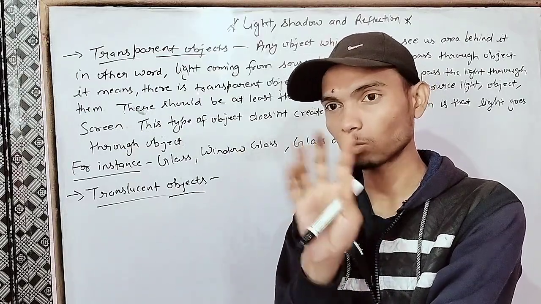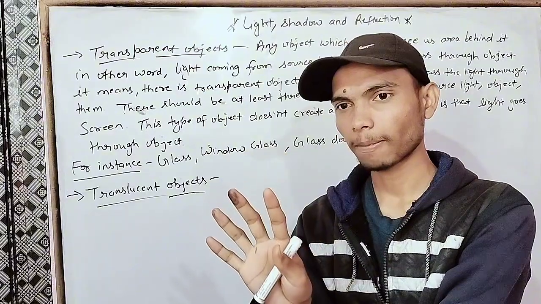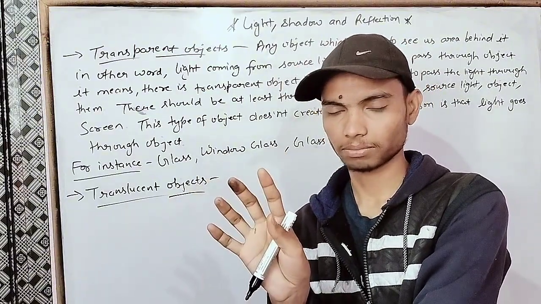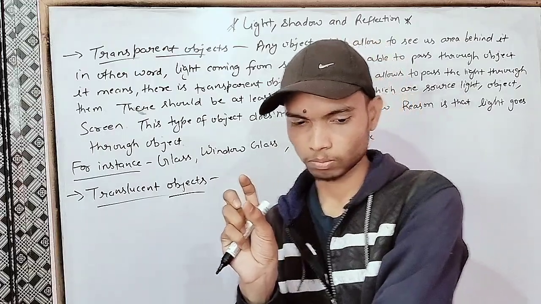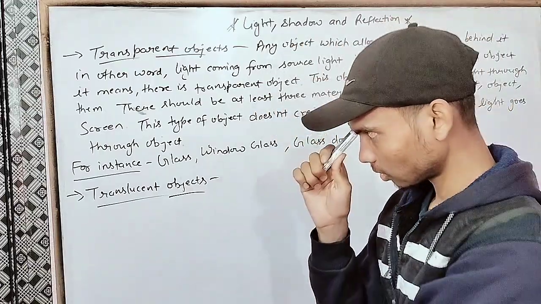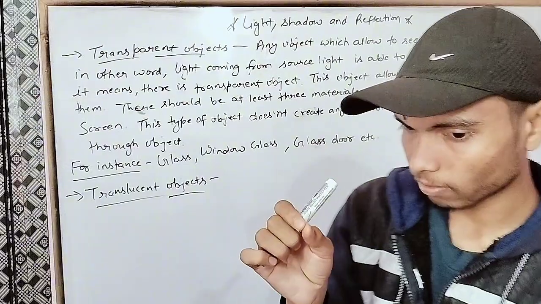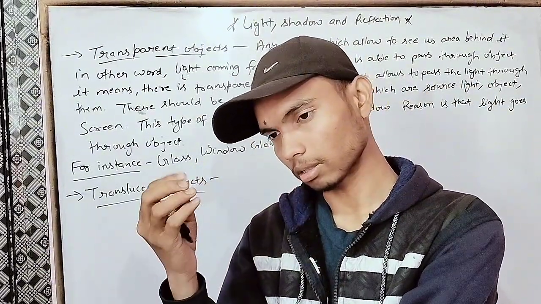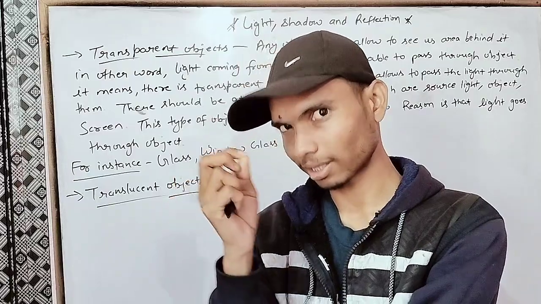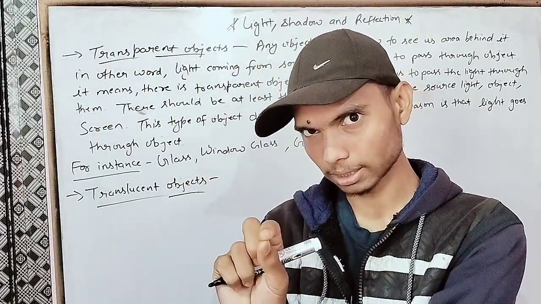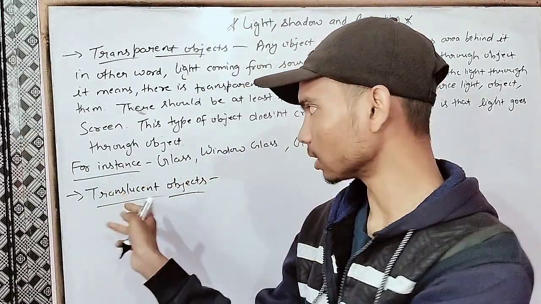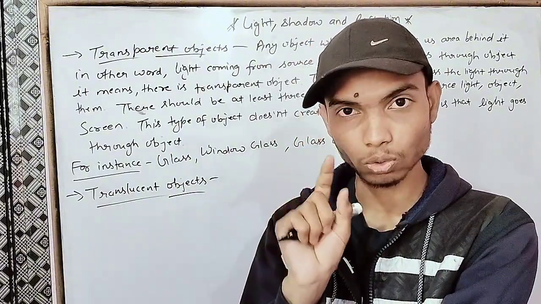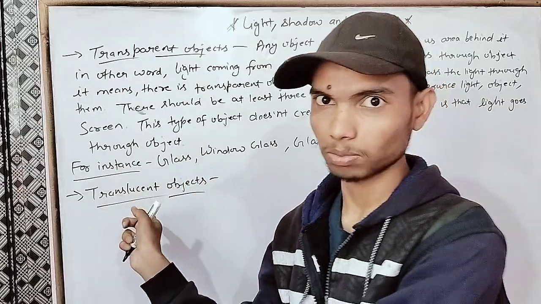Something will look clear in the area behind this object, but something will not be clear to see in the area behind this object.